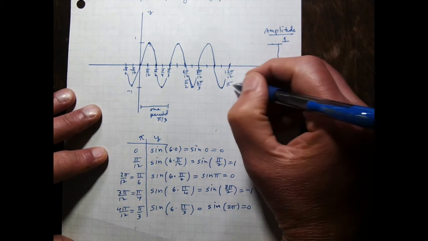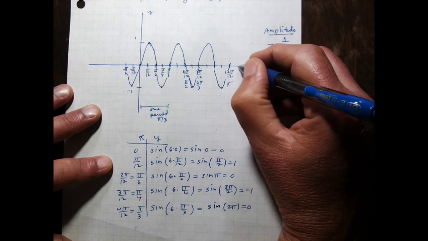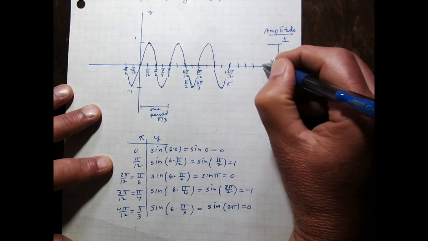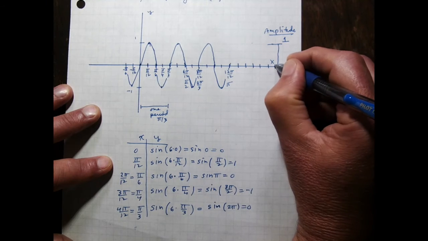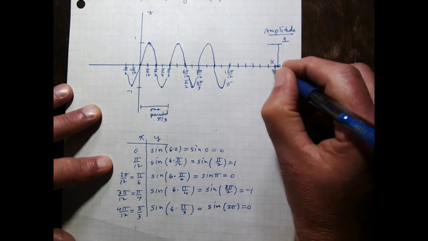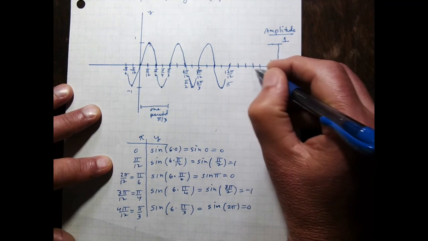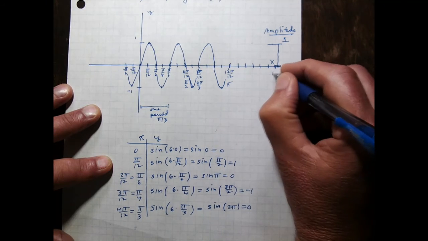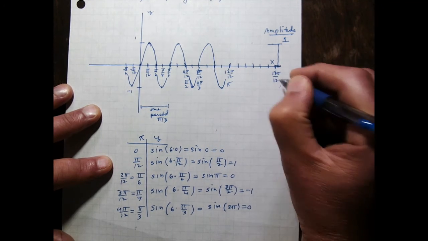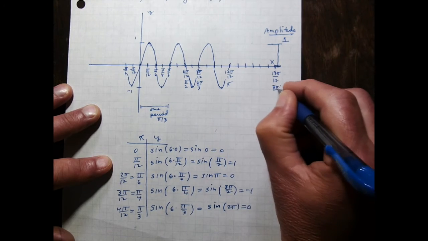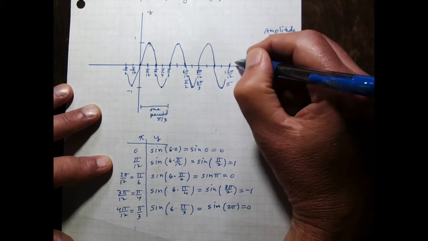Now I wanted, let's see, pi 1, 2, 3, 4, 5, 6. This is going to be 12, 13, 14, 15, 16, 17, 18. This is 18 pi over 12, which is 3 pi over 2. I just want to get out to 3 pi over 2.